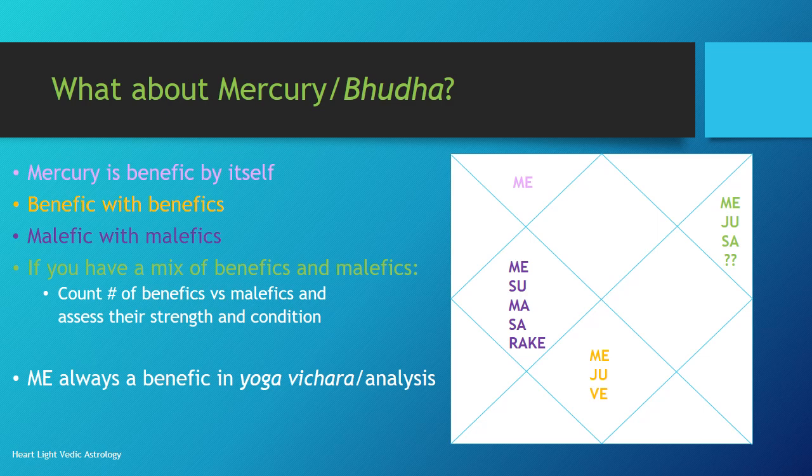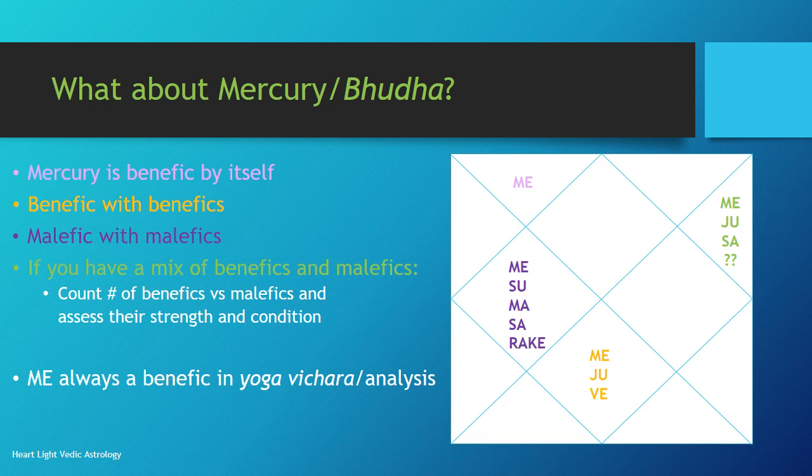In the 4th house here, we have Mercury with all the malefics: Sun, Mars, Saturn, Rahu, Ketu. If Mercury is with any of these planets, it would be considered malefic. In the 7th house here in that orange color, Mercury's with the other benefics, Jupiter and Venus. When you get Mercury with Jupiter or Venus, it's going to be even more benefic.